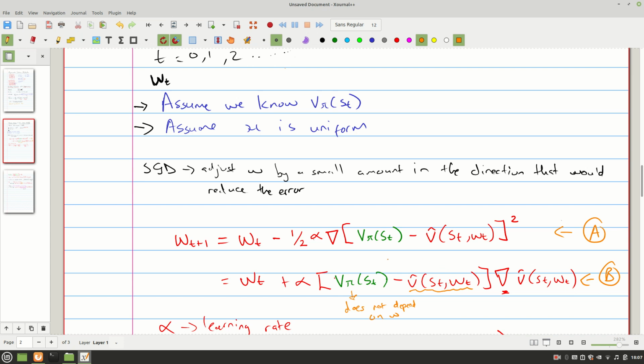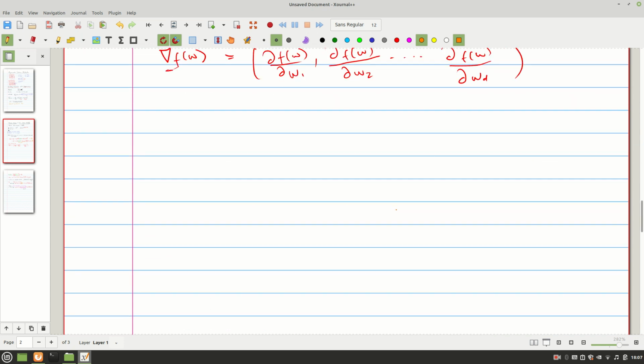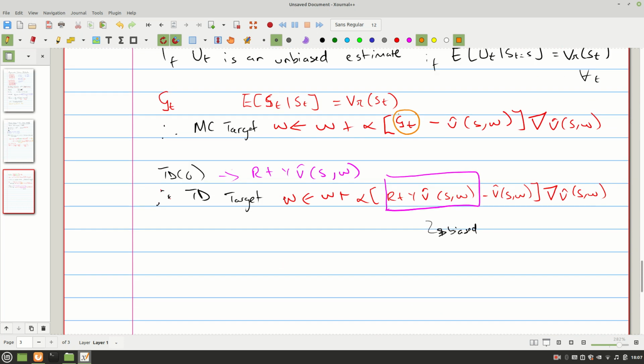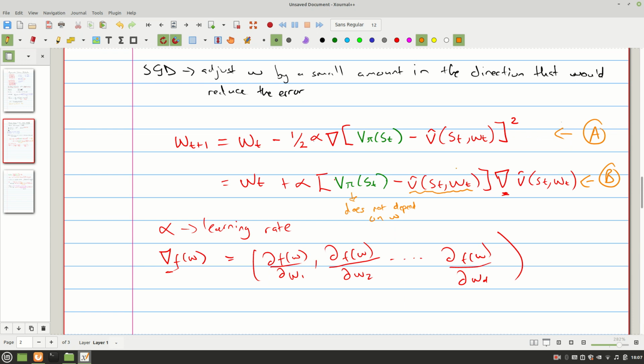But in the case of Monte Carlo, this isn't a problem because we've got GT, and GT also does not depend on W. But this target here actually depends on W.